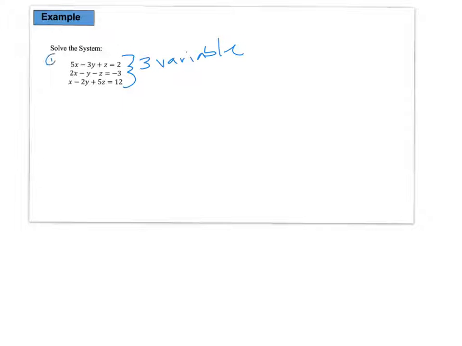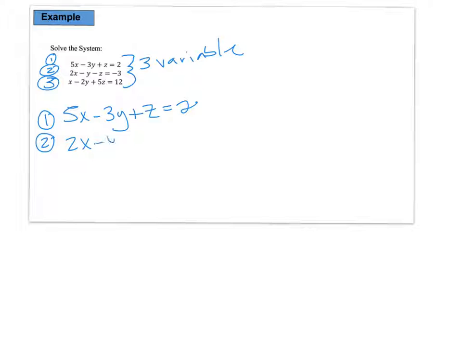First thing I'm going to do is label my 3 equations, and then I'm going to take equation 1 and equation 2, and using the addition method I'm going to eliminate one of the variables. So 5x minus 3y plus z equals 2, and 2x minus y minus z equals negative 3.